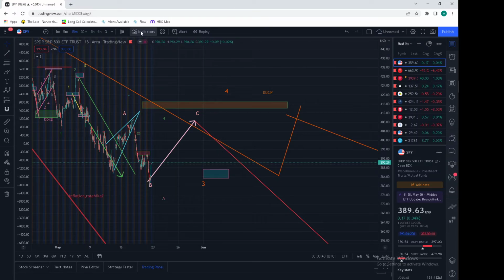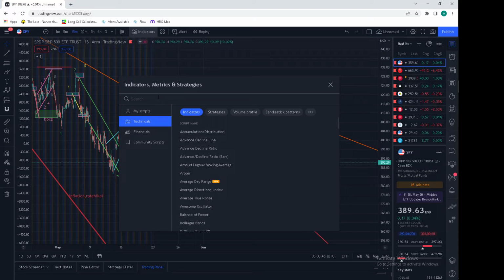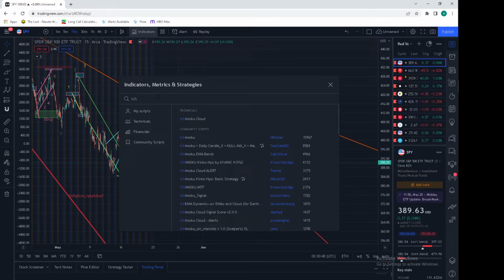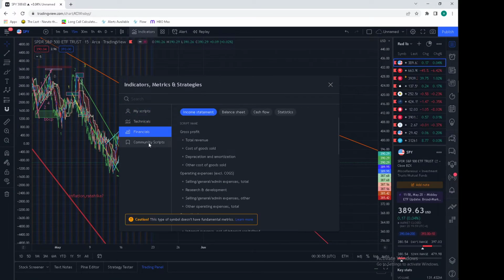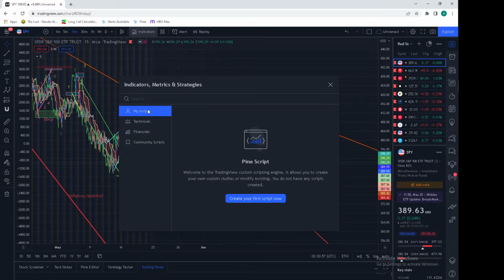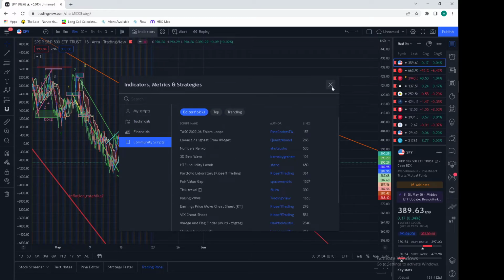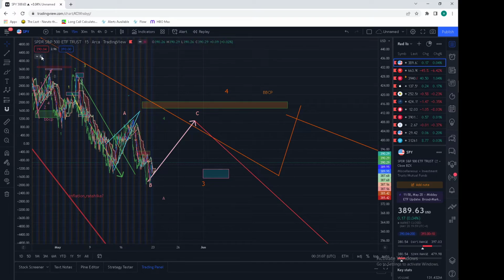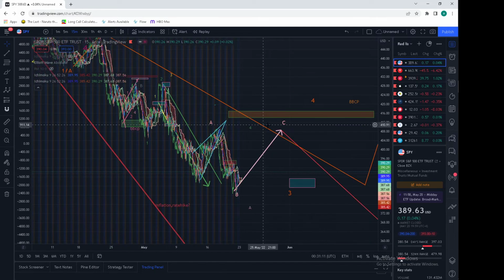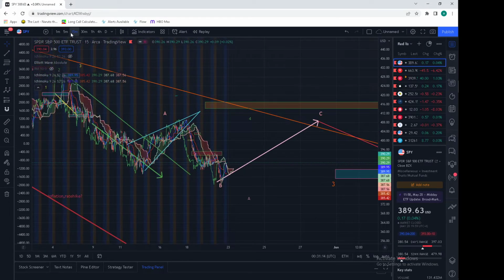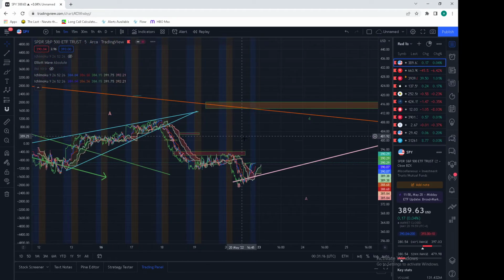So the Ichimoku Cloud had very strict ways of trading. See, I can't pull it up. There it is.